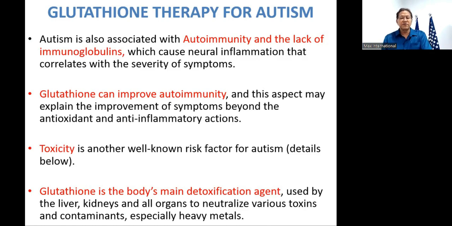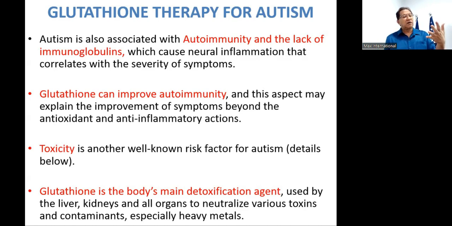Glutathione can improve autoimmunity, and this aspect may explain the improvement of symptoms beyond the antioxidant and anti-inflammatory actions. Toxicity is another well-known risk factor for autism. Glutathione is the body's main detoxification agent used by the liver, kidneys, and all organs to neutralize various toxins and contaminants, especially heavy metals.